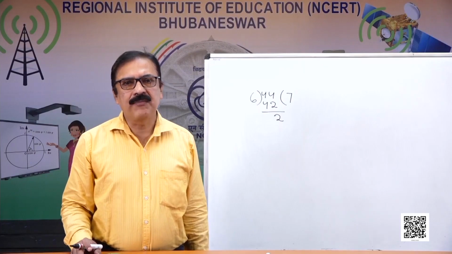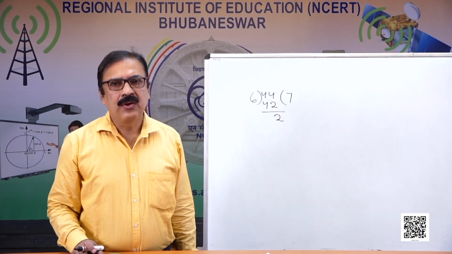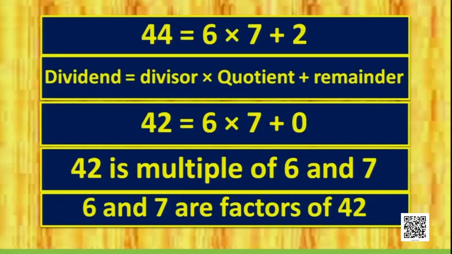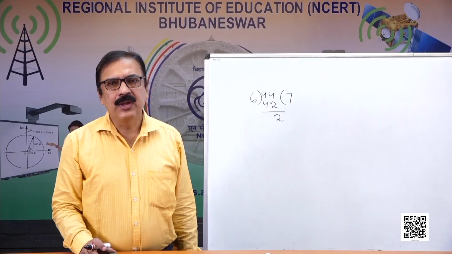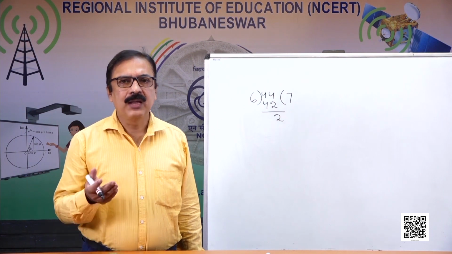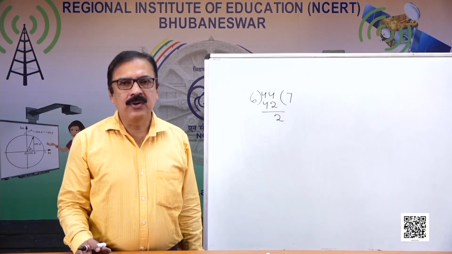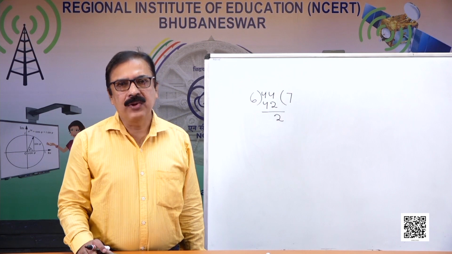So 6 and 7 are also named as the factors of 42. So in case of number, we follow certain rule. Similarly, how can we divide a polynomial with another polynomial?